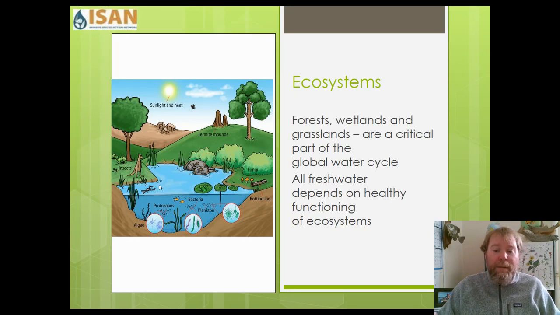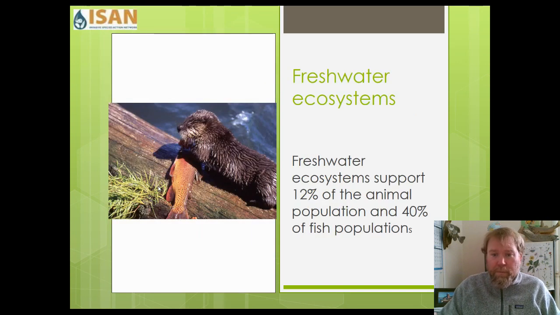All fresh water depends on healthy, functioning ecosystems to keep that water clean, to keep that water pure, to keep that 0.5% healthy for not only human consumption, but for animals, plants, fish, and entire ecosystems. Freshwater ecosystems support about 12% of the animal population and about 40% of the freshwater fish population.